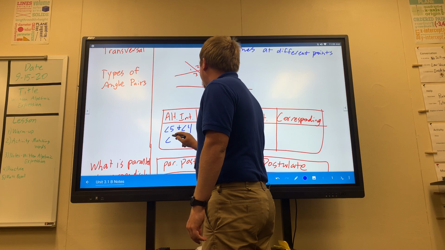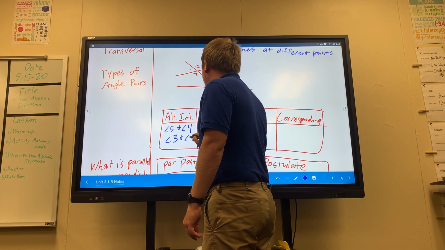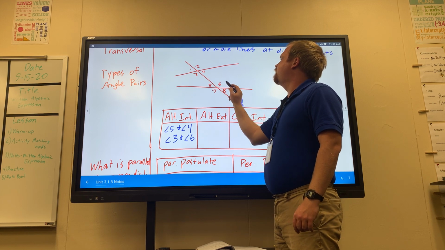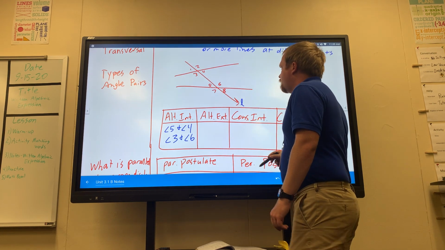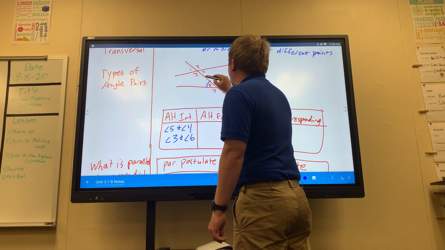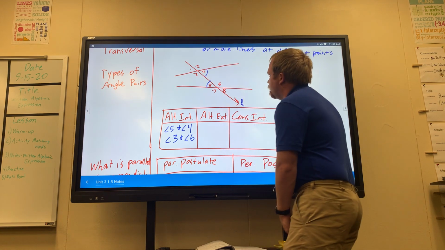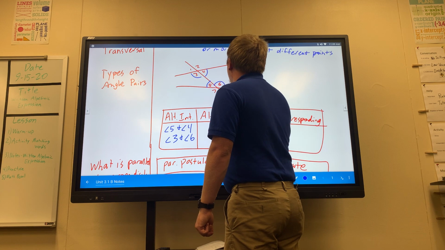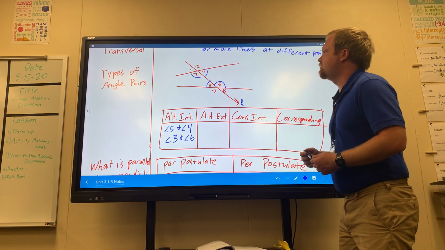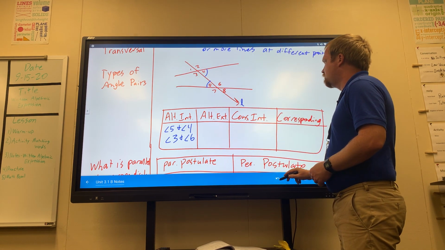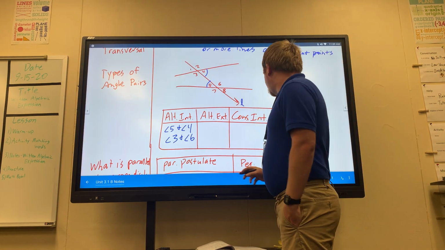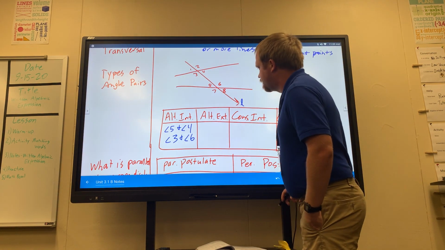Another pair we have is angle 3 and angle 6, because these two are alternate from each other. So if I can just color code it like this, obviously they're not on the same side. I'm just trying to show y'all that they're alternate interiors. Trying to show y'all the pairs.